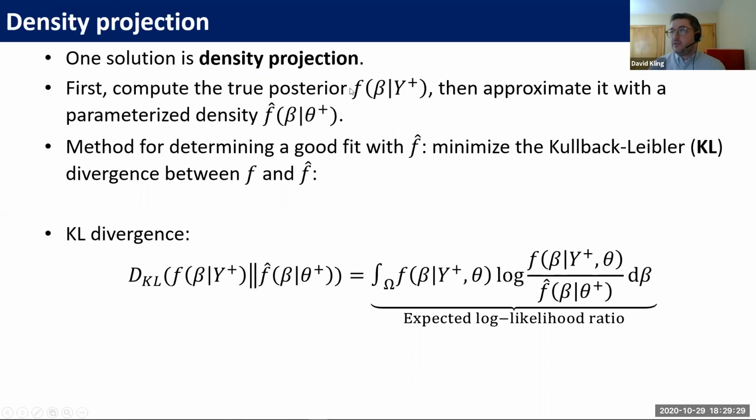You have a true posterior for, let's assume, a fixed parameter to keep things simple. But it's not going to have the same form as your prior necessarily, so you're going to approximate it with typically a parameterized density f hat here. And so as you might guess, we want this f hat to be as close as possible, subject to the structure of the approximation, to the true posterior that you can compute with a variety of methods depending on your application.